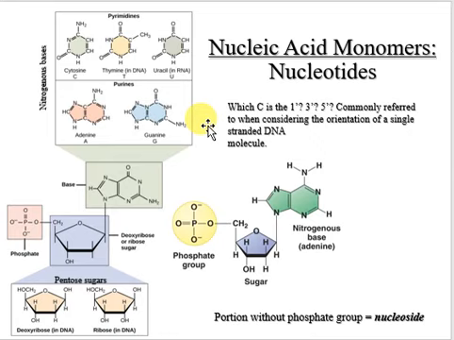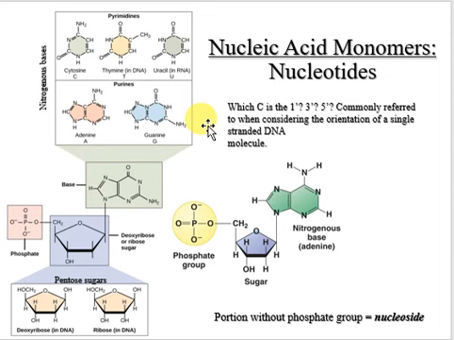Now, thymine is only found in DNA. Uracil is only found in RNA. Purines are a little more complex in that they contain the same 6-ring structure, but they also have a 5-ring structure fused to it. So they're double ring structures. And there are 2 of them, adenine and guanine. Both of these are present in DNA and RNA.